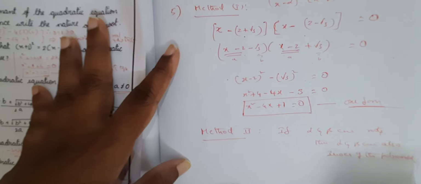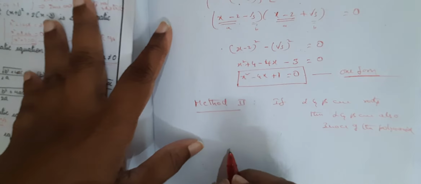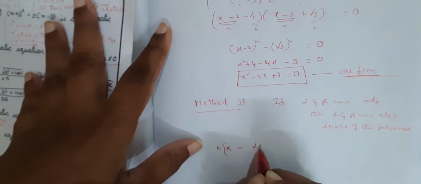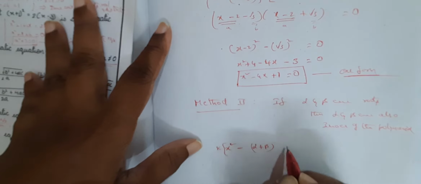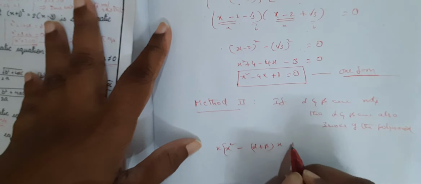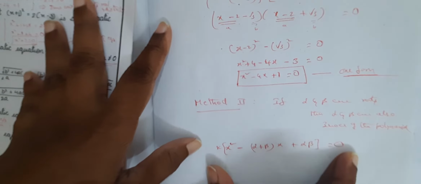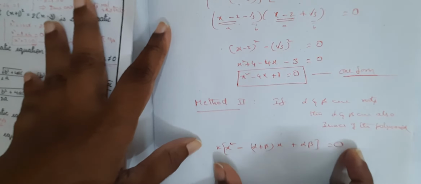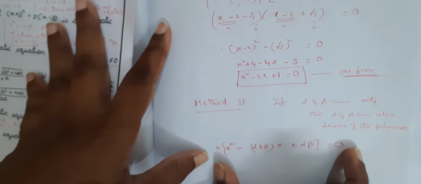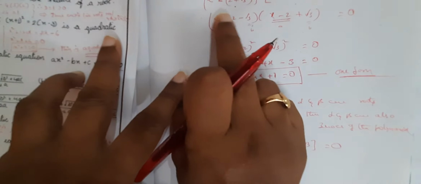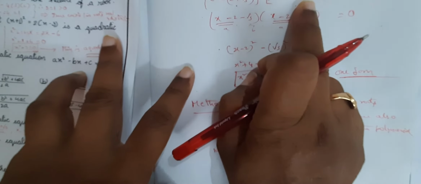So when you know the zeros of the polynomial, you will know how to write the general equation of the polynomial, right? So that is k times of x square minus alpha plus beta into x plus alpha beta, right? So this is what is equal to 0 when you want to make this polynomial a quadratic equation. So hence now I will be writing, because I know both the roots, that is 2 plus root 3 and 2 minus root 3.